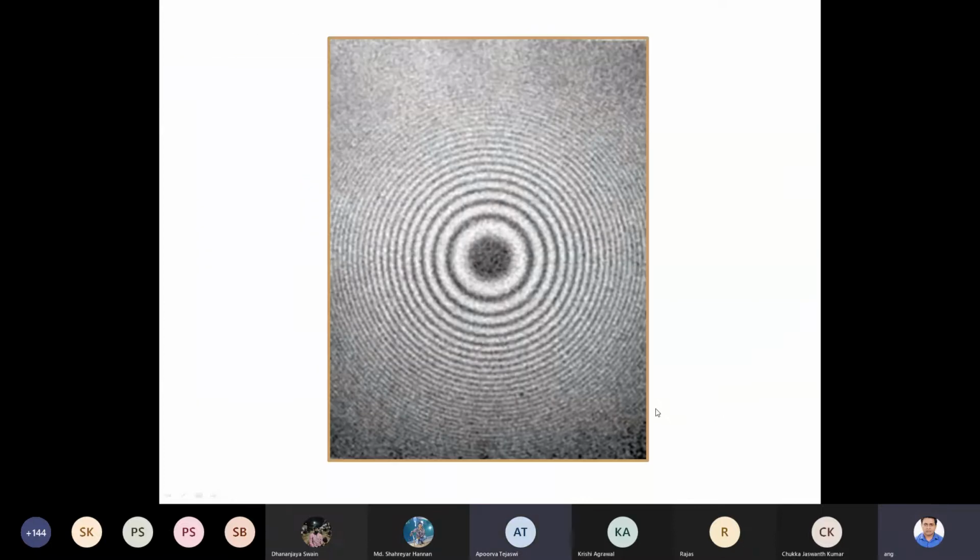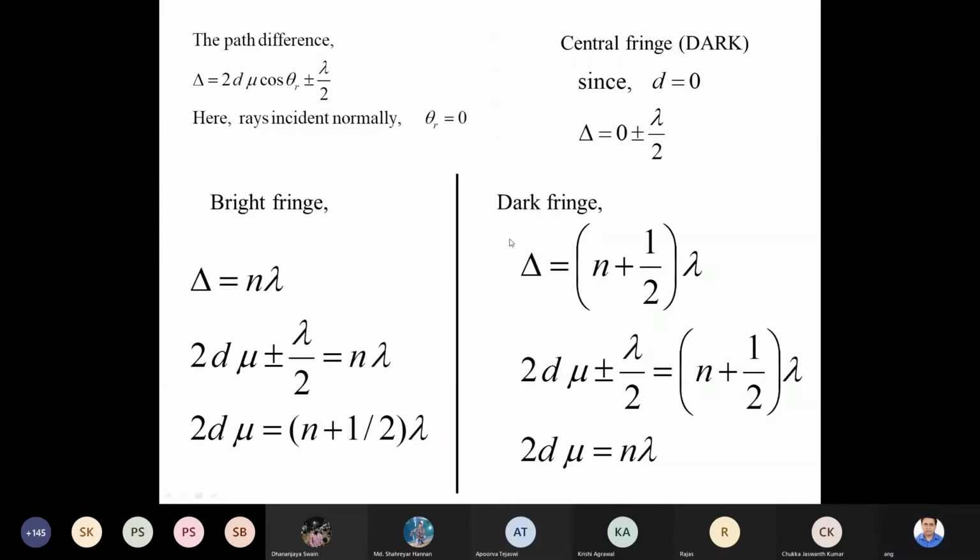Yes, sir. So now you will see this kind of rings, which is called Newton's rings, and you can view this by traveling microscope. Now just calculate the path difference. So the path difference will be 2d mu, where mu is the refractive index of the air.